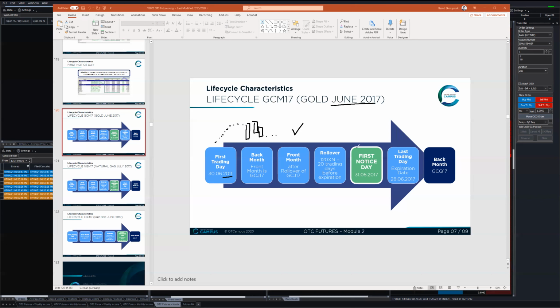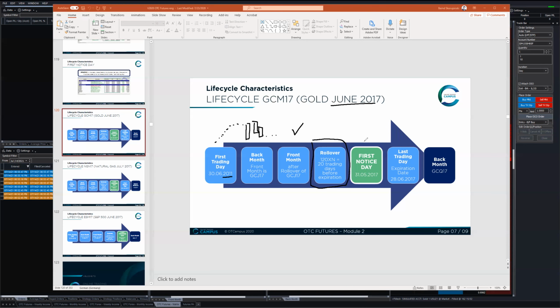So for some markets, like here on gold, for instance, or on the interest rates, you have a first notice date that comes before the last trading day. So you have to roll over before that first notice day.